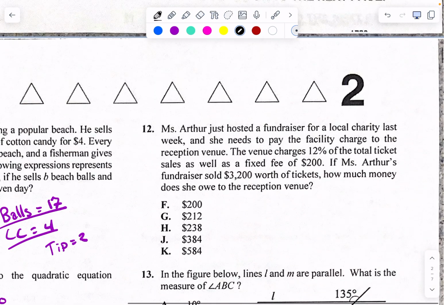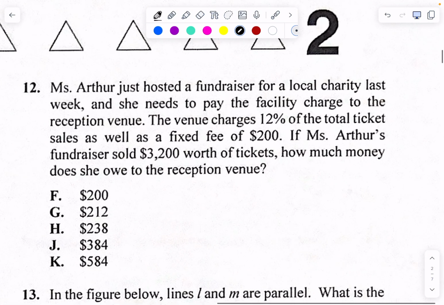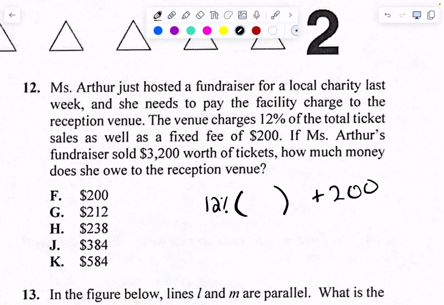All right, 12. Mrs. Arthur just hosted a fundraiser for a local charity last week, and she needs to pay the facility charge to the reception venue. The venue charges 12% of the total ticket sales as well as a fixed fee of $200. So 12% of the sales plus a $200 fee. If their fundraiser sold $3,200 worth of tickets, how much money does she owe the reception venue?